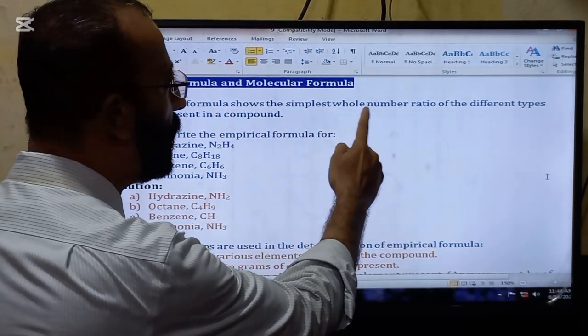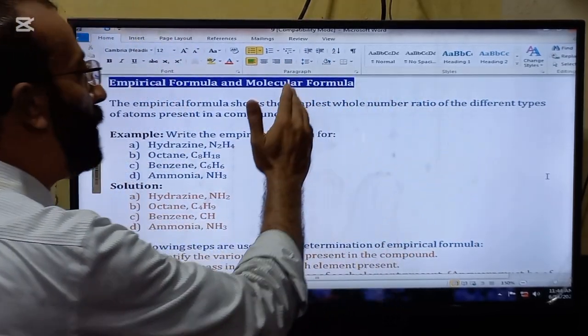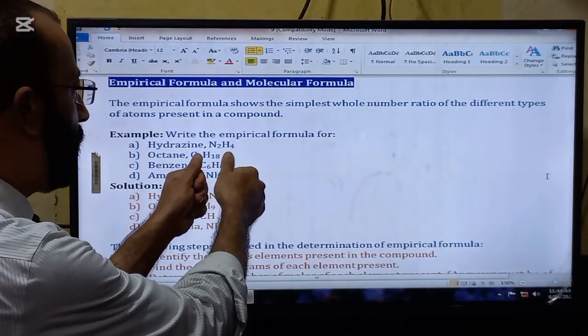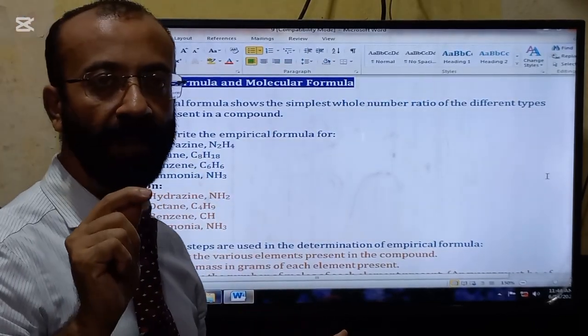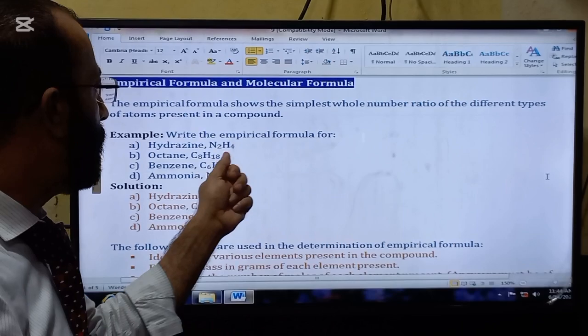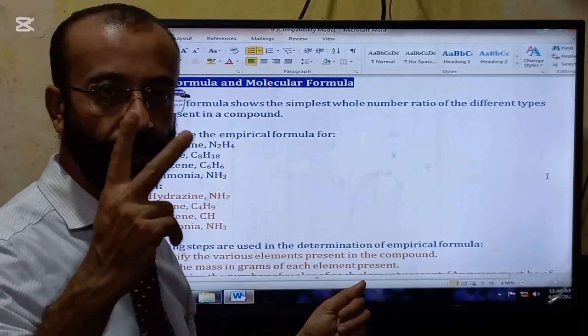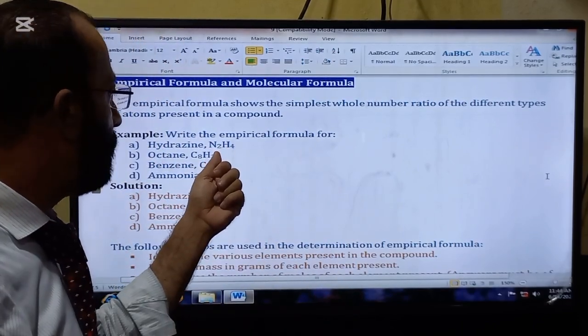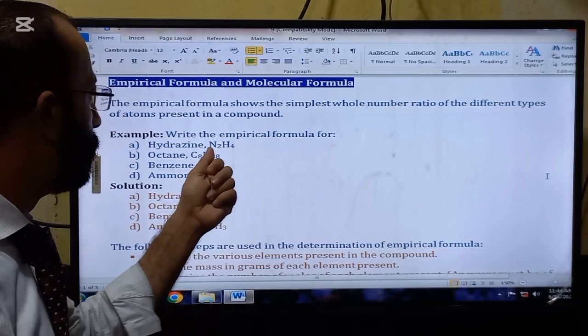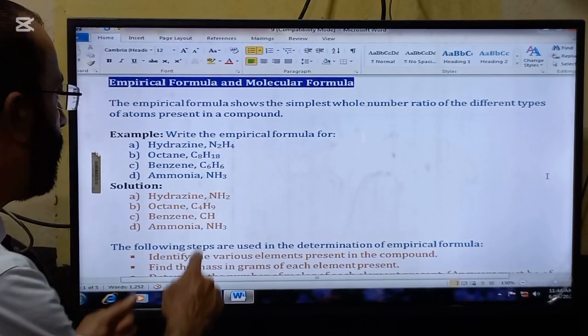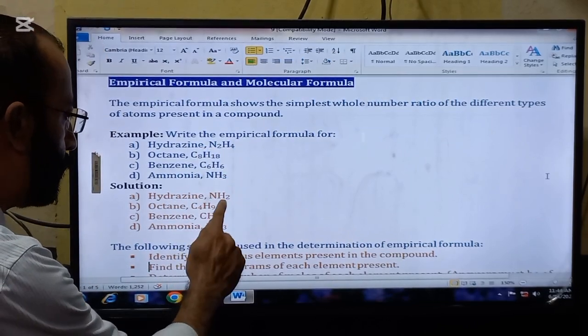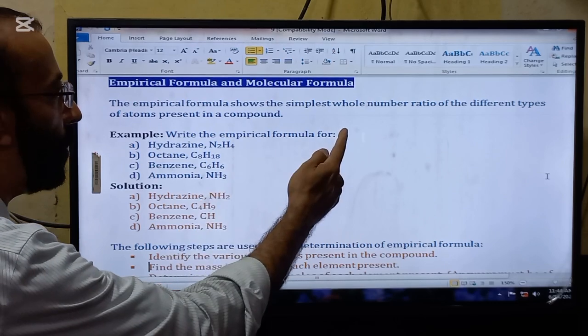The simplest whole number ratio is called the empirical formula. The maximum number that can divide both numbers is 2, because 2 is coming and 4 is also coming. So 2 ones are 2 and 2 twos are 4. It means NH2. So this is the simplest whole number ratio.